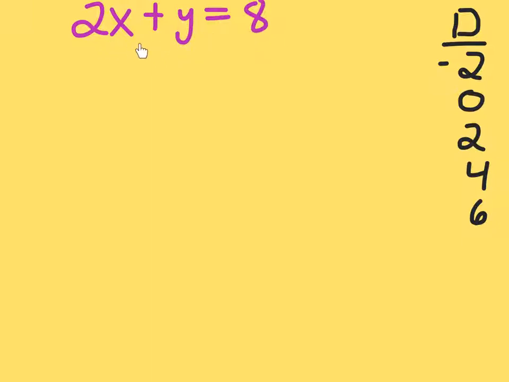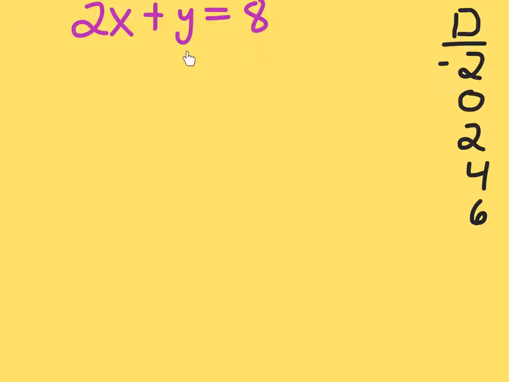And the domain of this function is -2, 0, 2, 4, and 6. What they want us to find is, what is the range? Okay, so they give us the domain, they give us the x, remember from the beginning, domain is the x, and they want us to find the range or the y.